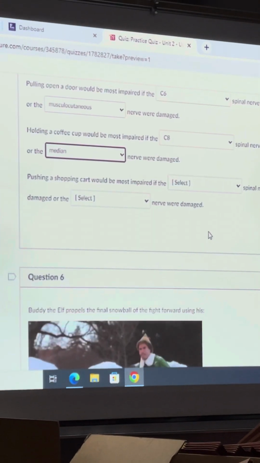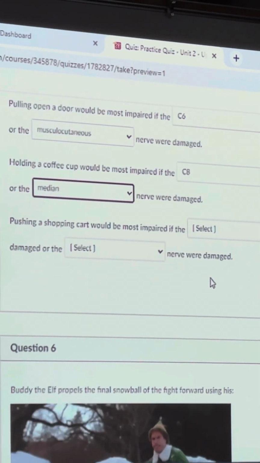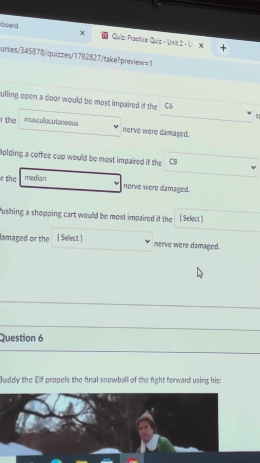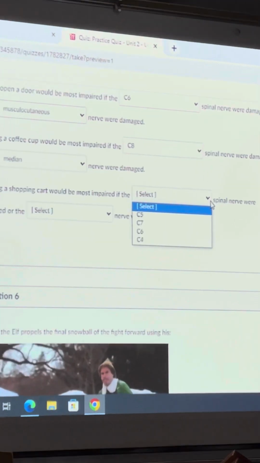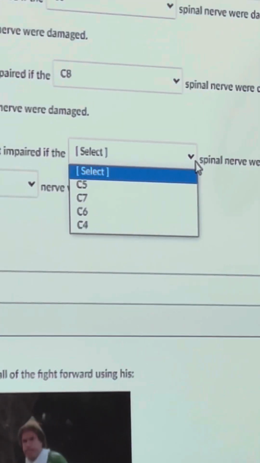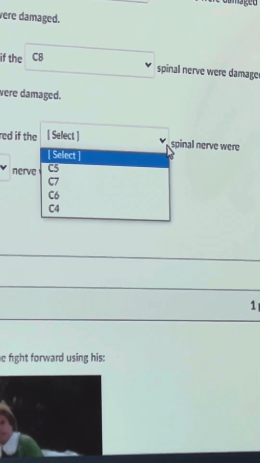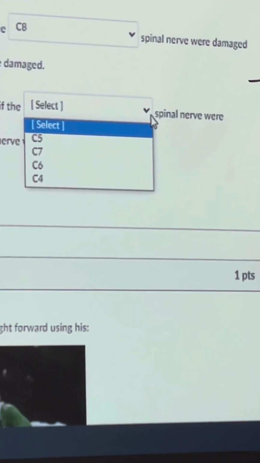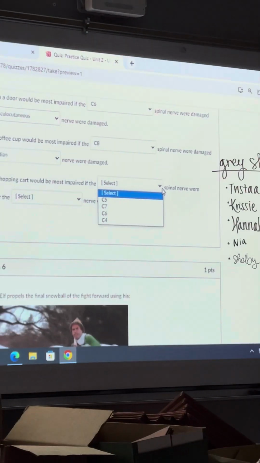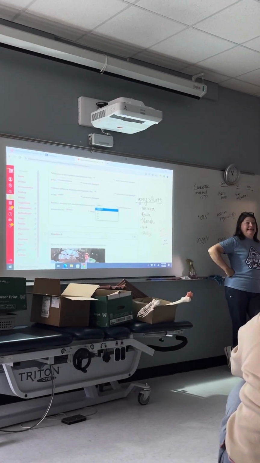Pushing a shopping cart. Oh, she's getting tricky on me. Emphasis on tricky: pushing. Of your chicken dance moves, which one seems most connected to being able to push anything?